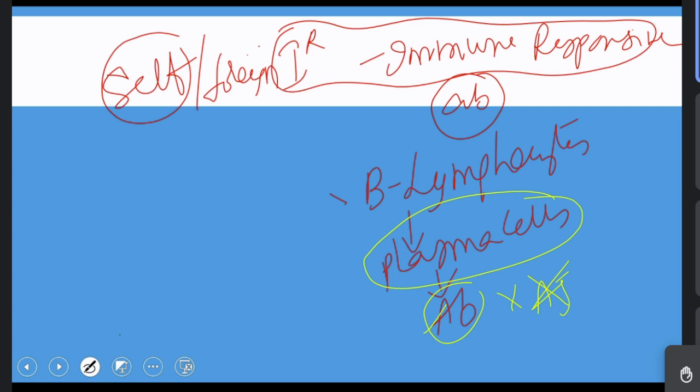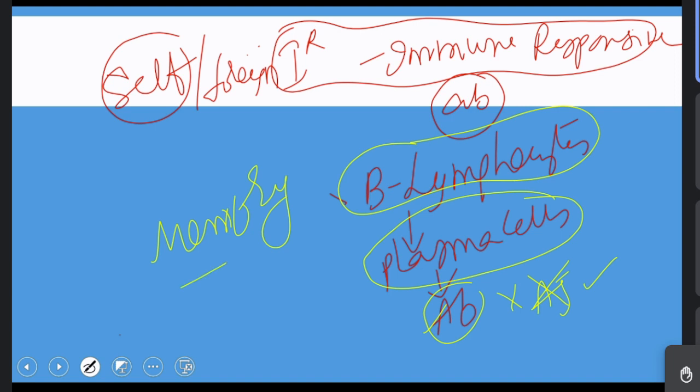Likewise, the B lymphocytes that fought against these antigens remain as memory cells. So whenever the same antigen comes again, it soon divides, produces plasma cells, and antibody production is very fast.